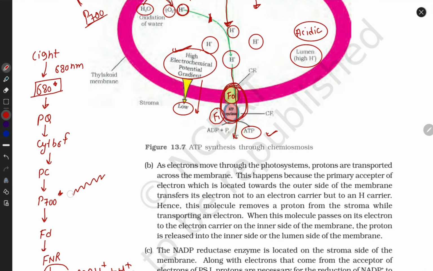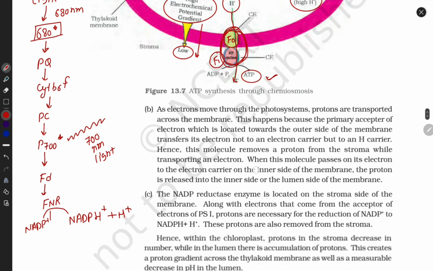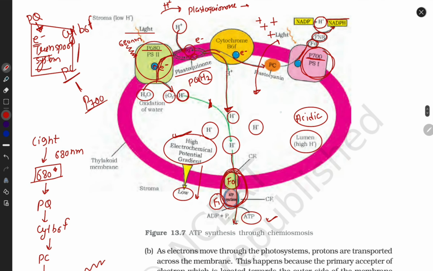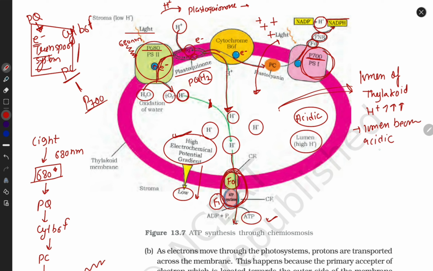Also, 700 nm light gets absorbed. Okay, so this is the whole mechanism of chemiosmosis. What they want to say is that the lumen of the thylakoid contains high H plus ions, so the lumen becomes acidic.